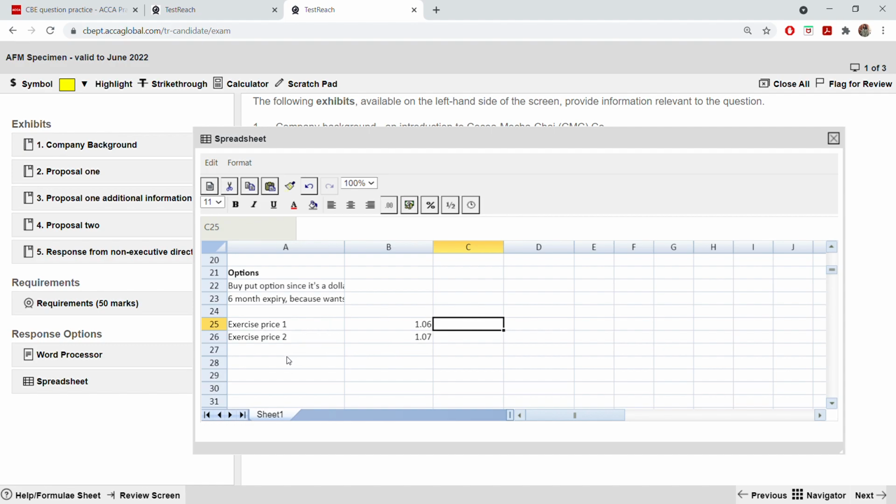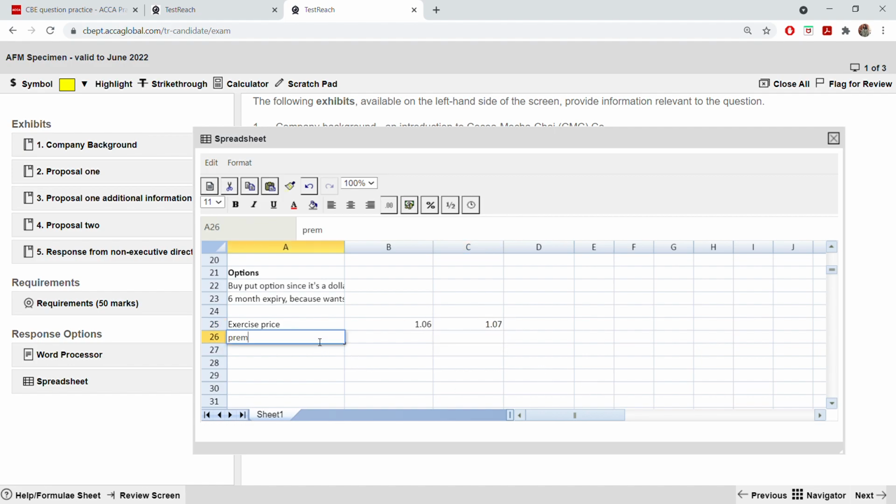How are you going to write the premium, since one is for 1.06? Or otherwise do like this. Don't write it like this. Exercise price you're writing, right? Put it like this, 1.07. You see, this is easier now.